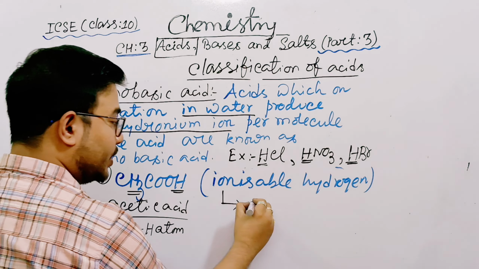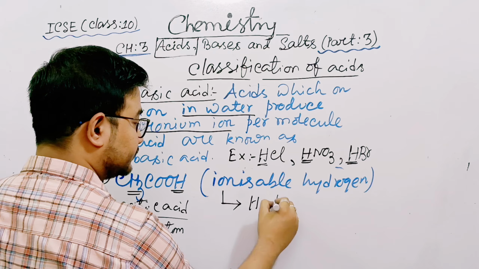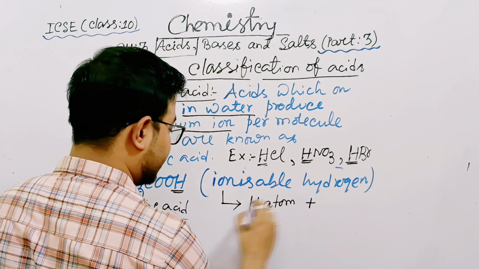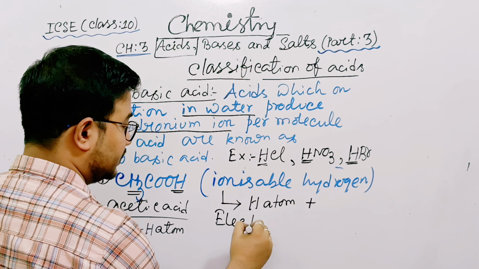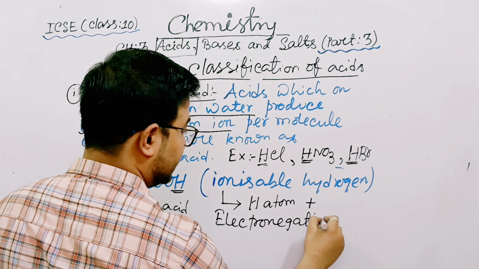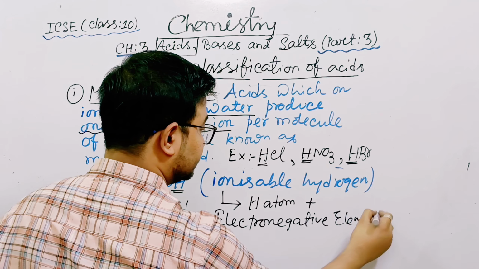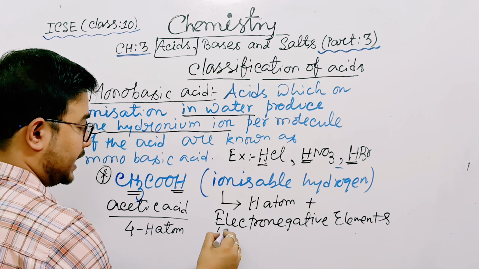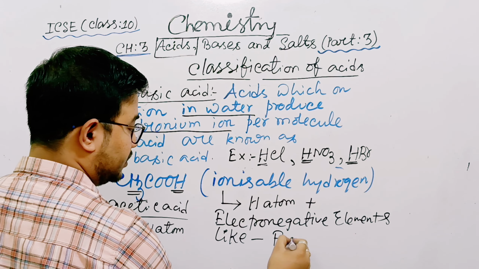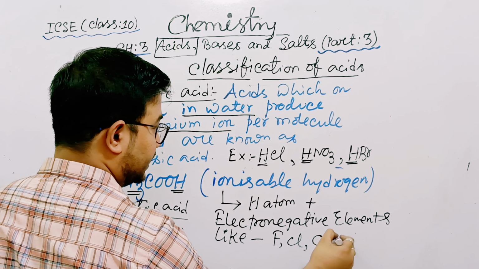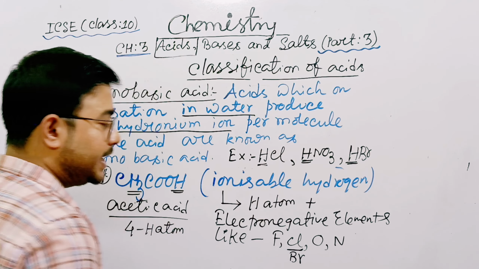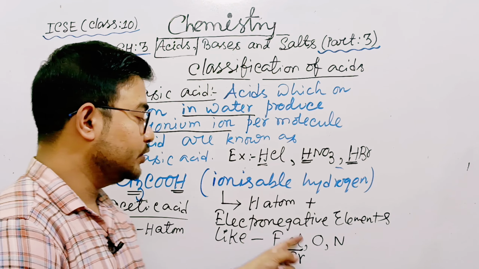Ionizable hydrogen means the hydrogen atom is attached to electronegative elements like fluorine, chlorine, oxygen, nitrogen, sometimes bromine also, but mainly fluorine, chlorine, oxygen, nitrogen.